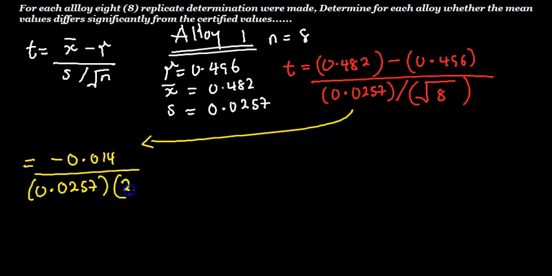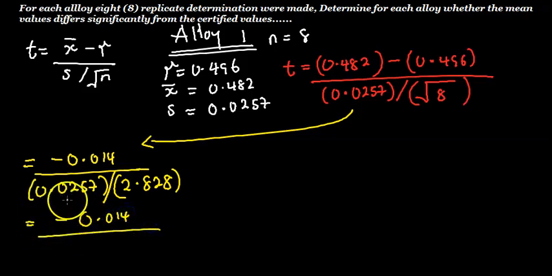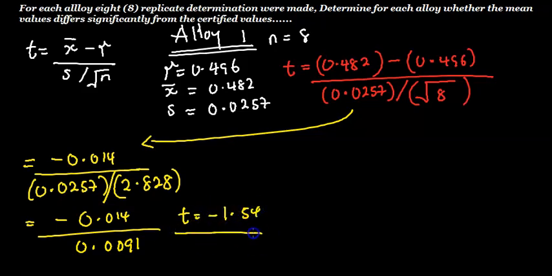The square root of 8 is 2.828. If you divide 0.0257 by 2.828, this is simply going to be 0.0091. If you divide the numerator by the denominator, your t value here is negative 1.54. And that is for the first alloy.